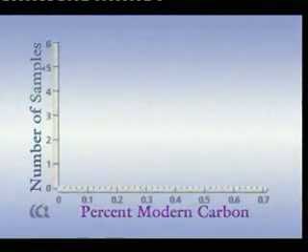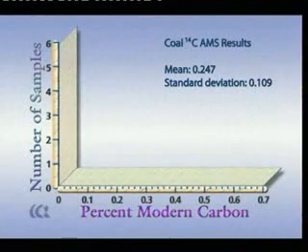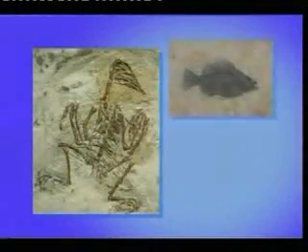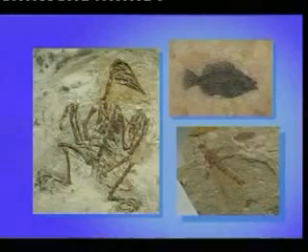And one surprising result was that within the statistics of our samples, there was no difference in the levels of carbon-14 in the coal near the top and the coal near the bottom, which indicates that all of this material lived at the same time and died at the same time. Strong evidence that the entire fossil record has the same age.